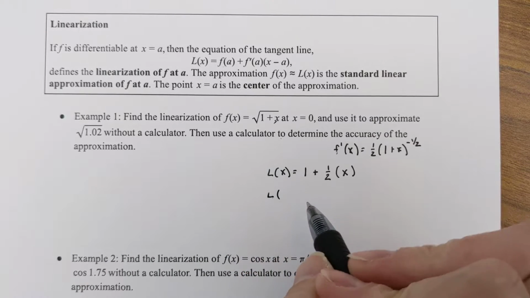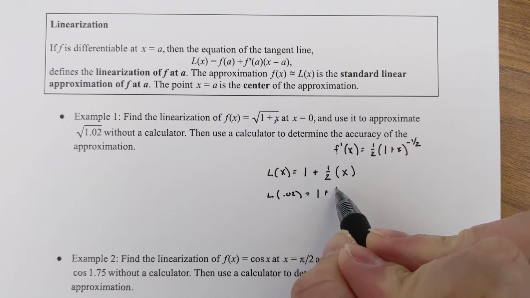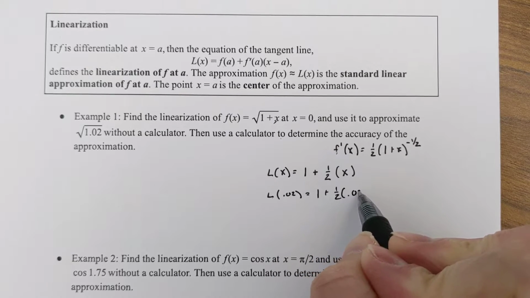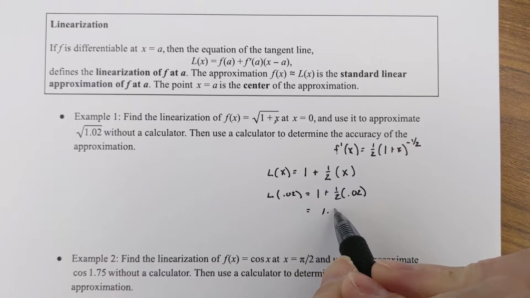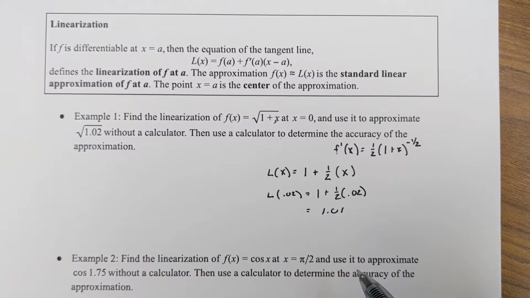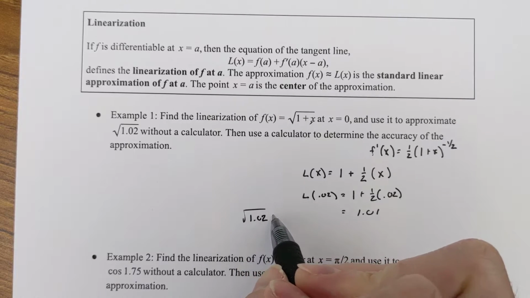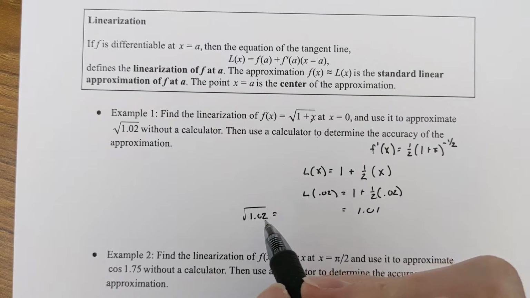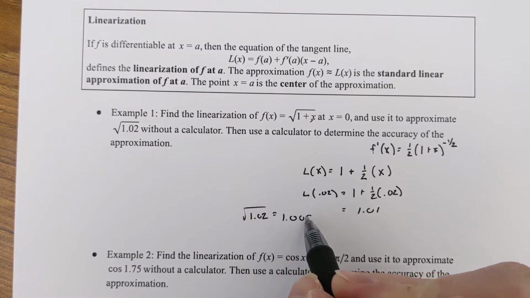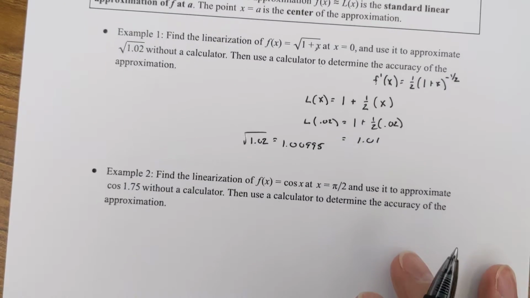So I'm finding L of 0.02. If I work this out, this gives me 1.01. Now, if I just do the square root in the calculator, I get 1.00995. So they are pretty close to each other.